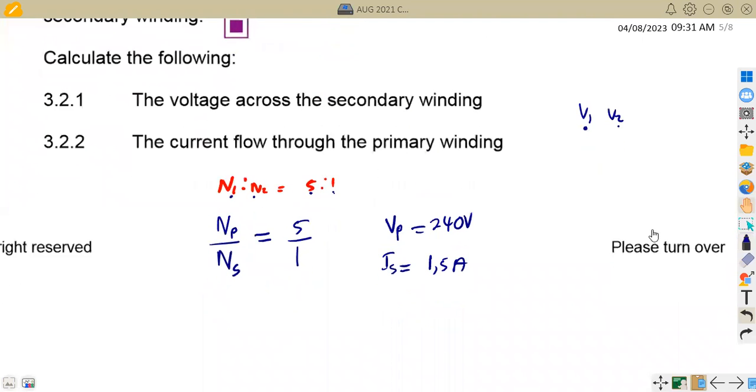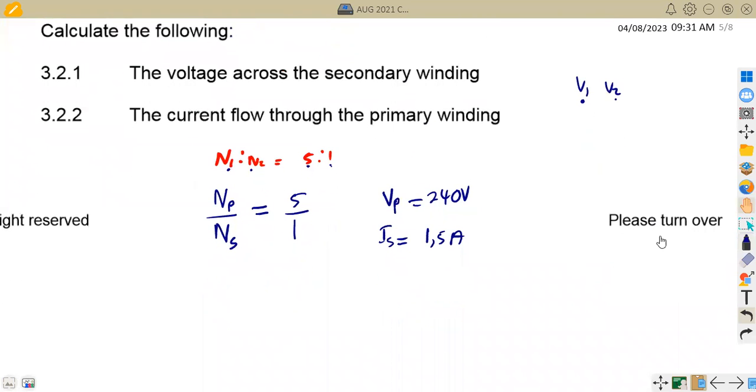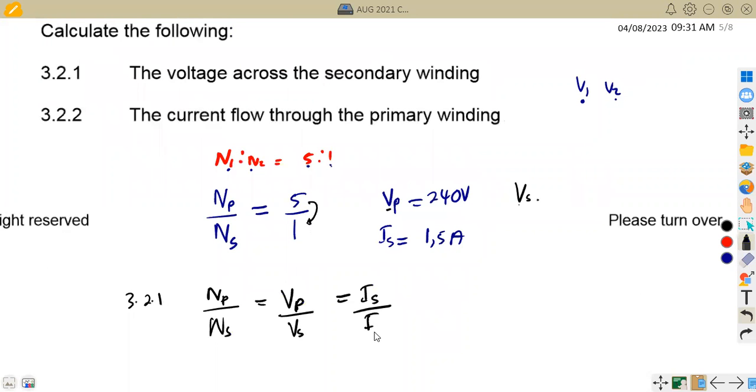The question now, 3.21, is to calculate the voltage across the secondary winding, which means we have to calculate VS. We have the voltage in the primary, so what about the voltage in the secondary? We can take advantage of the turns ratio of 5:1, since NP over NS is equivalent to VP over VS, which is equivalent to IS over IP.